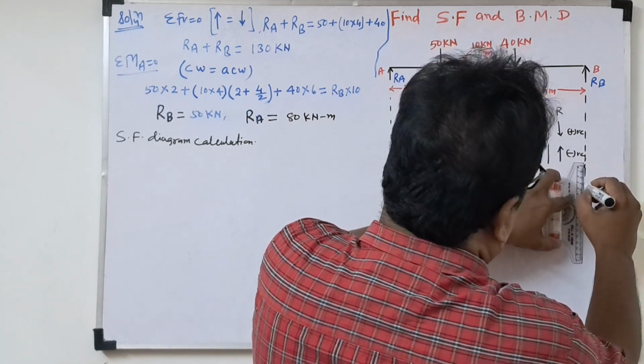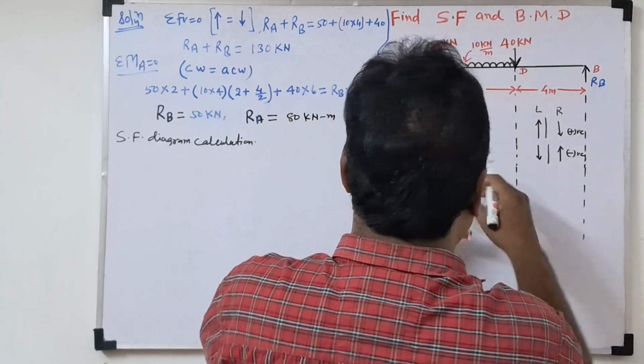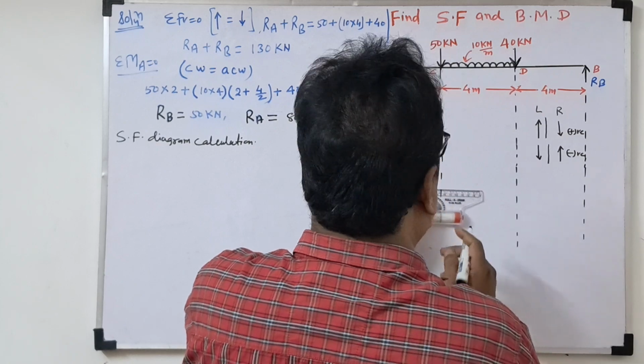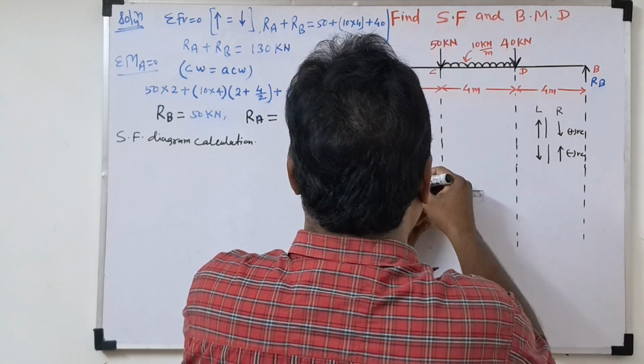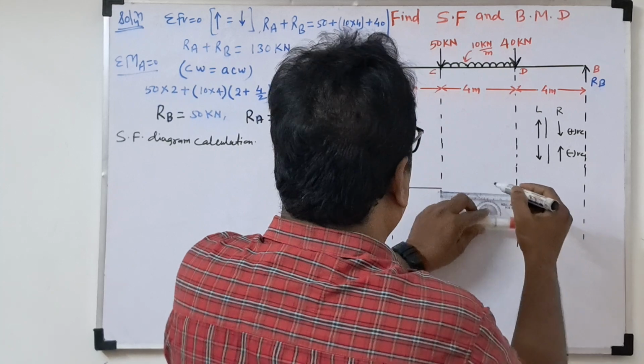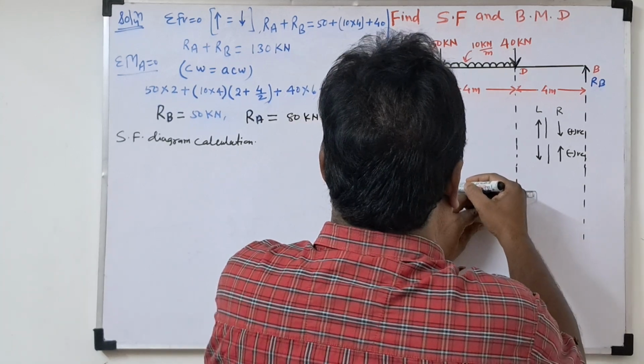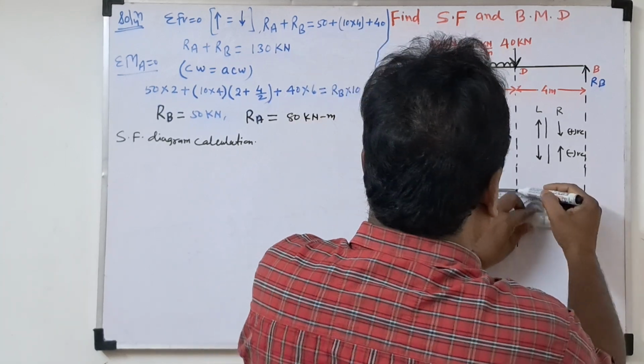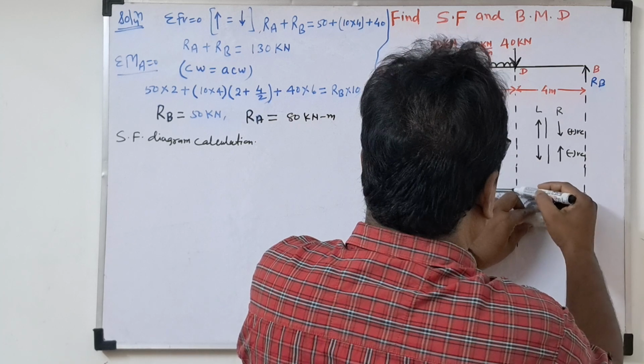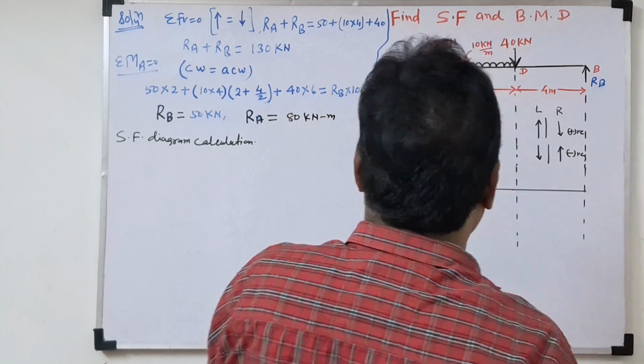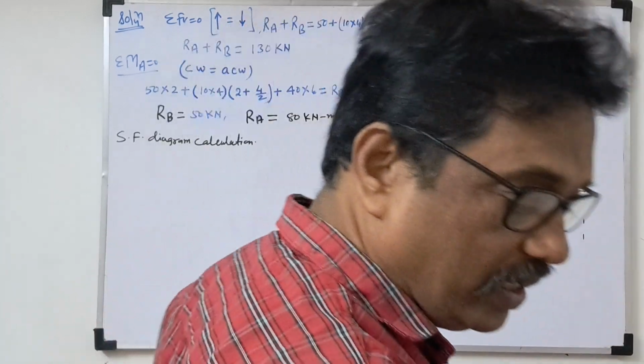So this is the projected line. This is called the zero line of the shear force diagram. In this line, whatever the shear force, it will be 0.